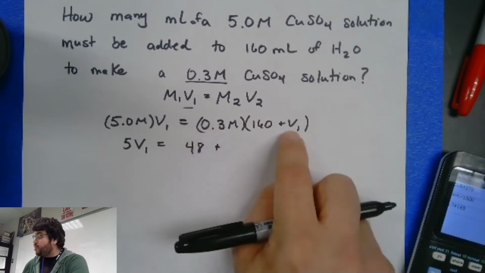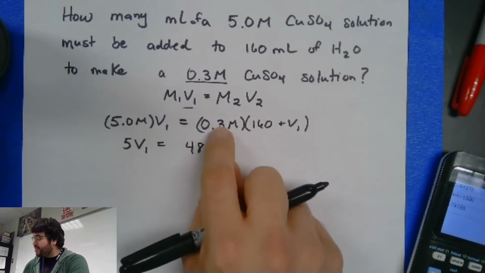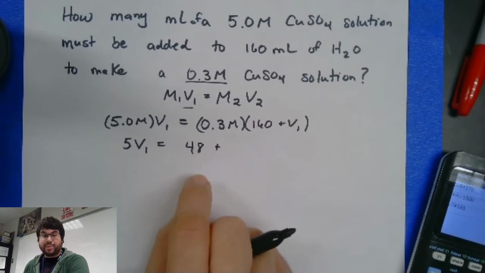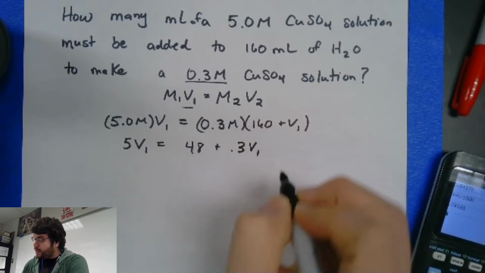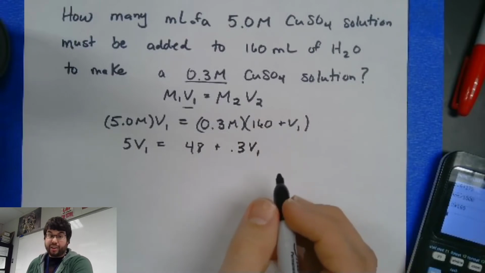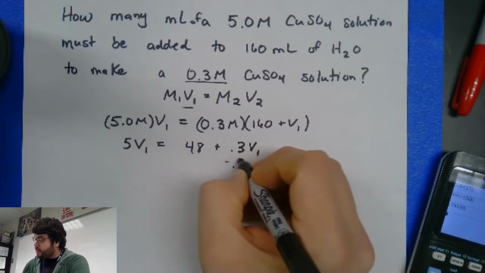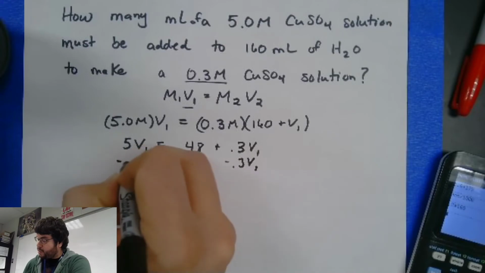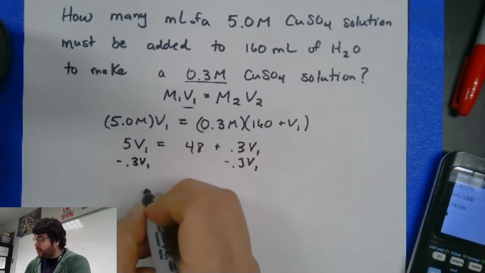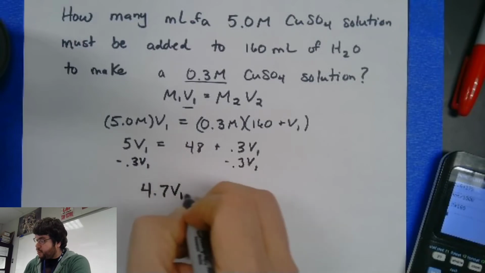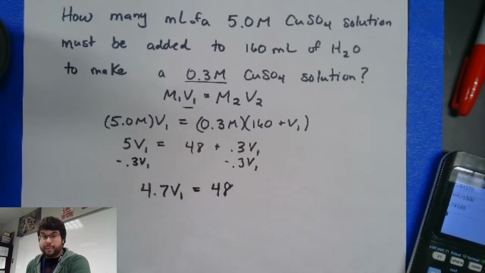But we're going to be distributing. That's the word I'm looking for. I'm going to distribute to each of those terms in the parentheses. And then so it's going to be 0.3 V1. And let's go ahead and get everything that we want on one side. So minus 0.3 V1 on both sides. So that's going to be 5 minus 0.3, which would be 4.7 V1 equals 48.